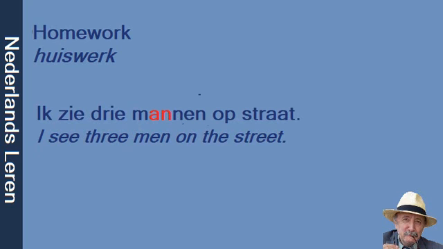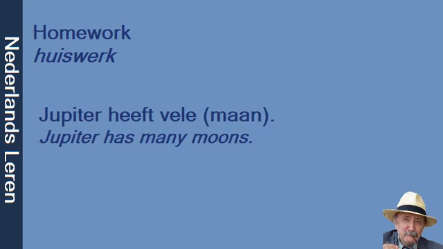The A needs to be short, so the N is doubled. Yes, Jupiter heeft vele manen. The vowel needs to be long, so if you split manen into two, then you get ma-nen, and the first syllable is open.